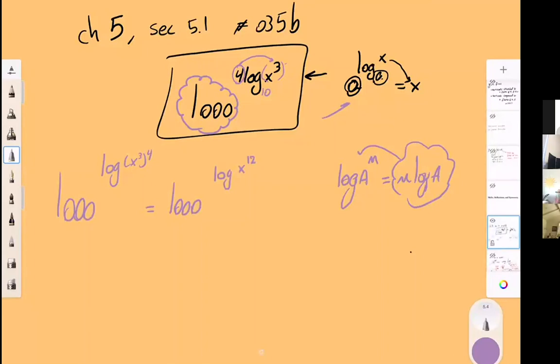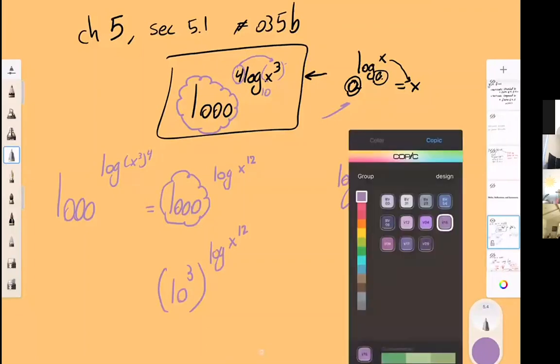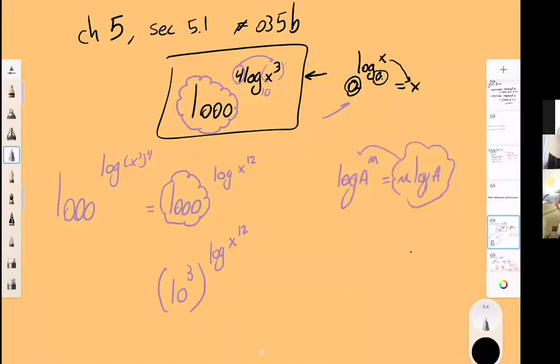So now instead of 1000 here, I write 10 to the power of 3. Good. What should we do if we have a to the power m to the power n?